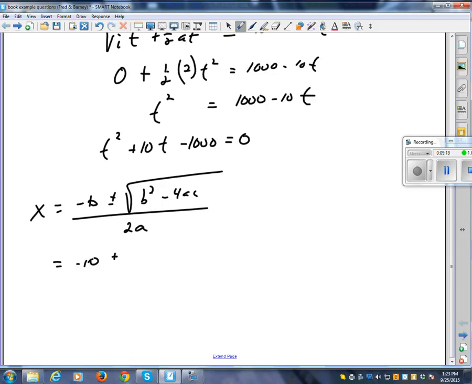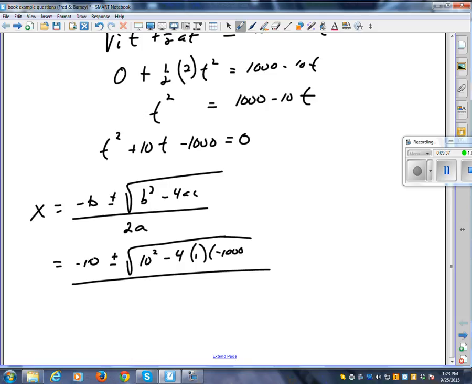plus or minus square root, b squared is going to be 10 squared. 4a is 1, nothing in front of that one. C is negative 1,000. All over 2a, which is over 2.